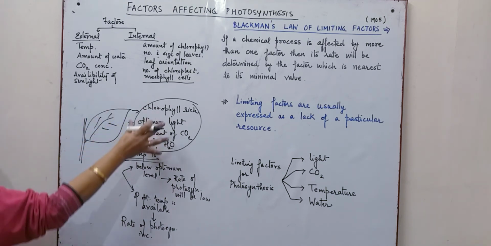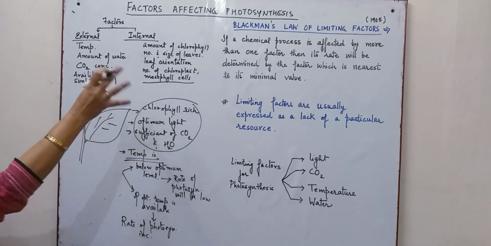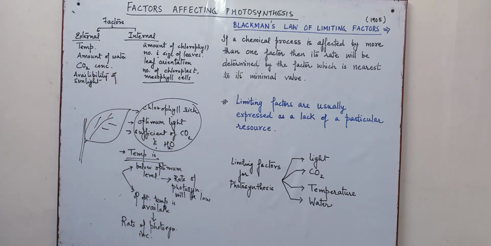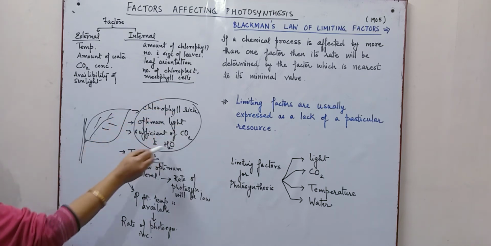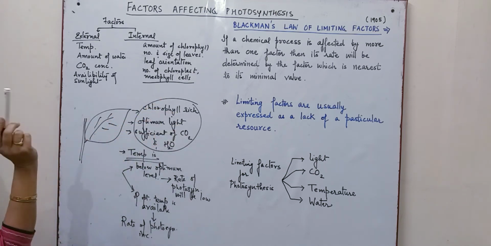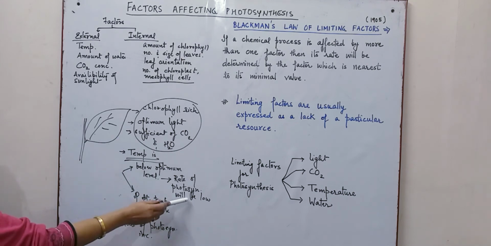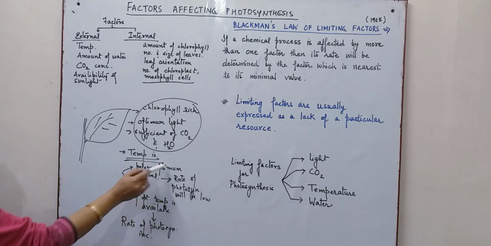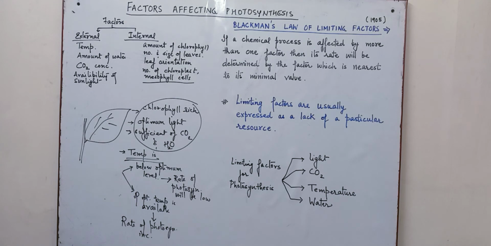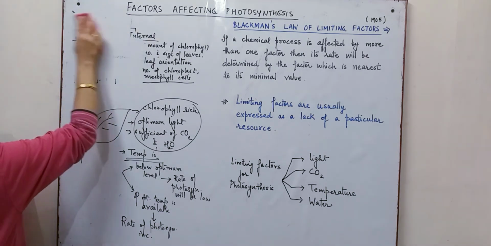So therefore we can say that the law of limiting factors holds true over here: if a chemical process is affected by more than one factor, then its rate will be determined by the factor which has the minimal value. Let us now work out each of the factors one by one.